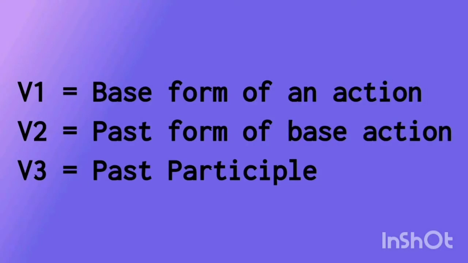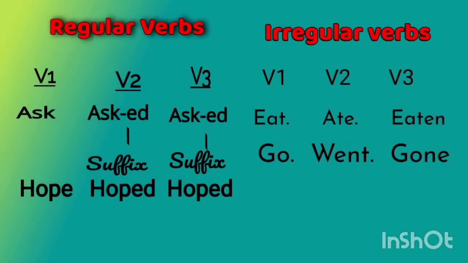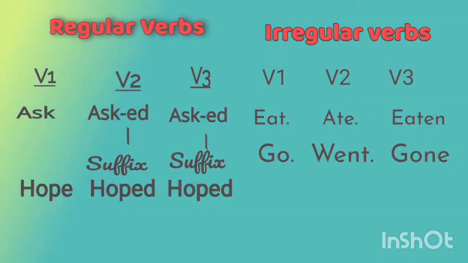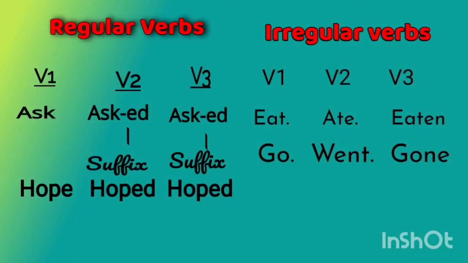Now using V1, V2, V3, we have divided the main verbs into two parts: regular and irregular. In regular verbs, when we convert a word from V1 to V2 to V3, the word is repeated as it is and suffixes like ed are added.